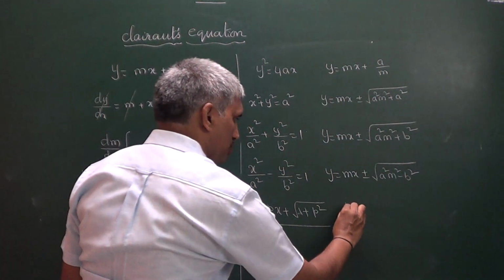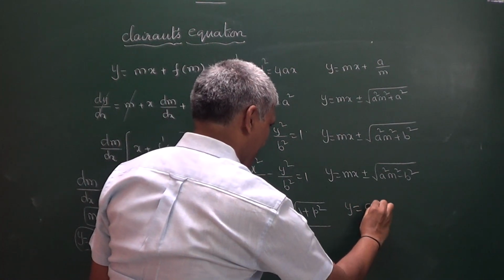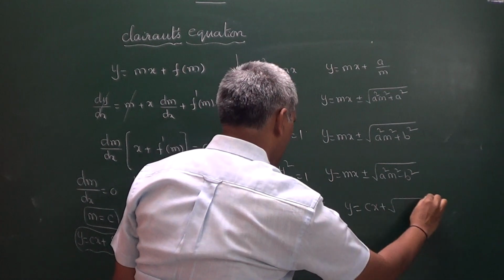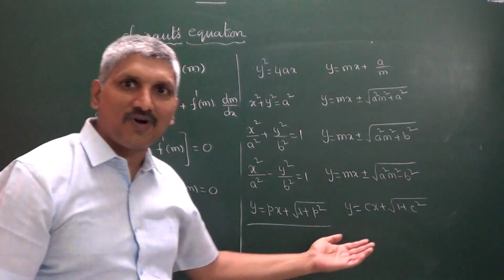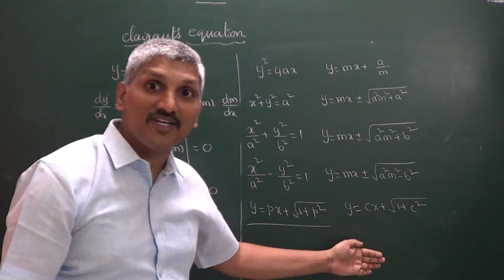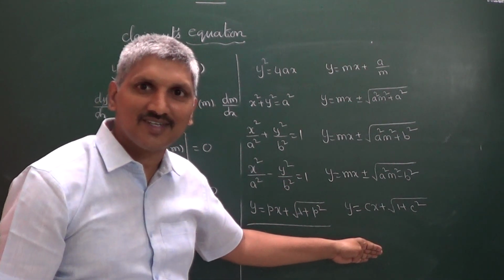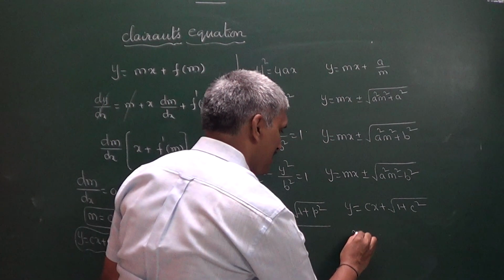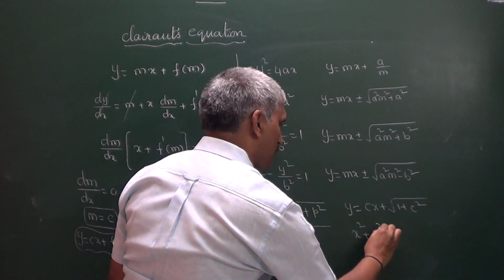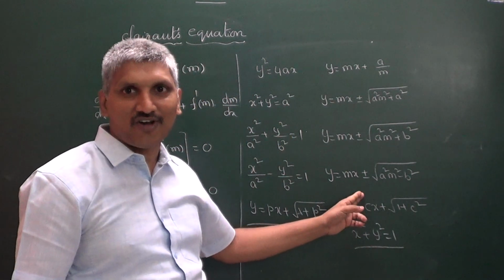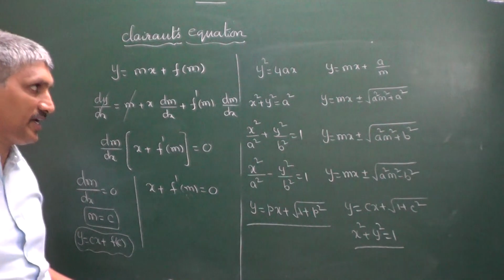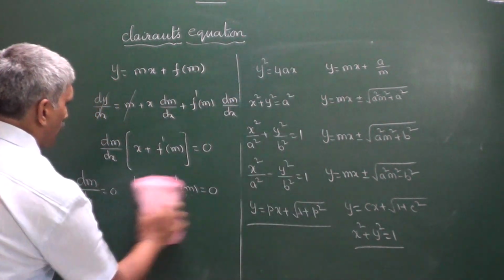The general solution is y = cx + √(1 + c²). Now what is the singular curve? The singular solution is given by x² + y² = 1. For this circle, that is the equation of tangent. That's the advantage if you know this information properly.